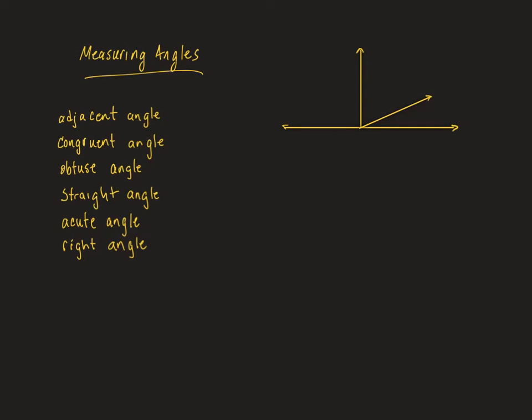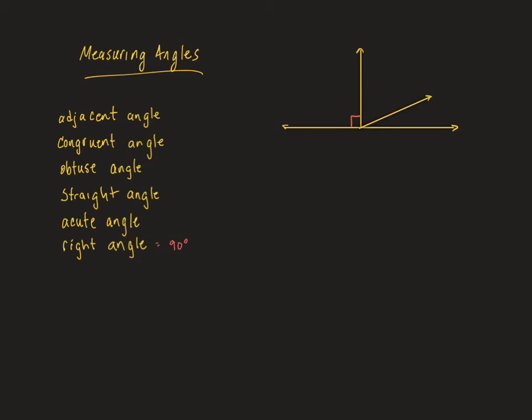Okay, so we will start with some stuff that you've probably already seen. I have a square marking showing here, and as we talked before, that means a 90-degree angle. So that angle right there is going to be a 90-degree angle, which is also a right angle. So a right angle is exactly 90 degrees.